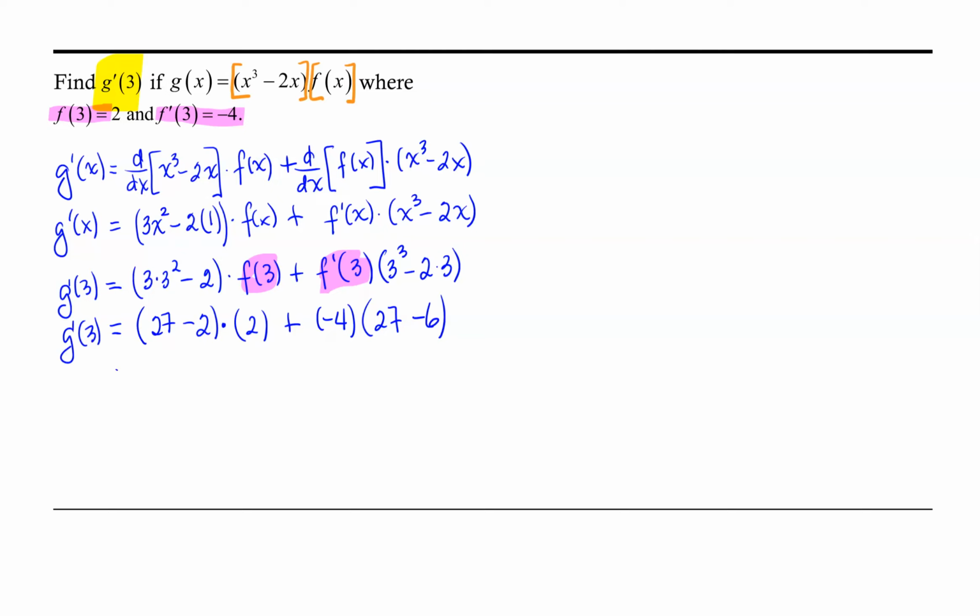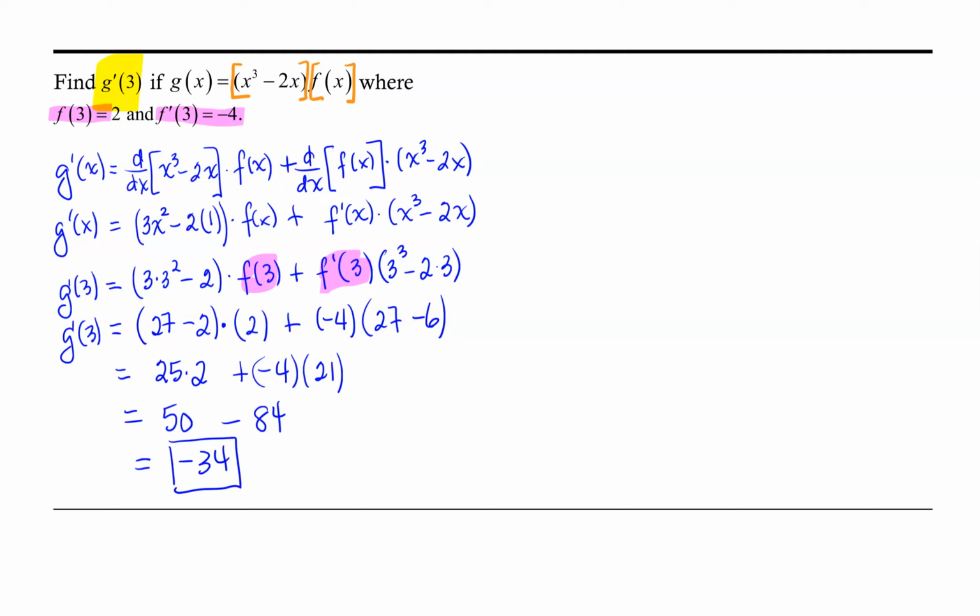So continuing to simplify, 27 minus 2 is 25 times 2, plus negative 4 times 27 minus 6 is 21. So we end up with 50 minus 84, and 50 minus 84 is negative 34.